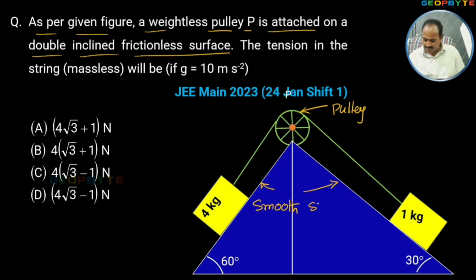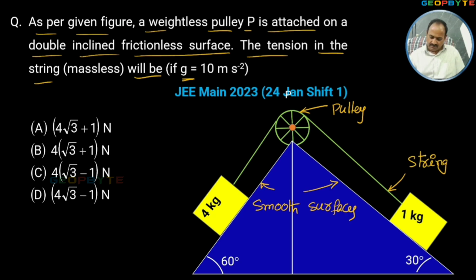Next, you are asked to decide the tension in the string, with the value of g given. Since the same string is connected to both blocks, the tension remains the same, that is T.